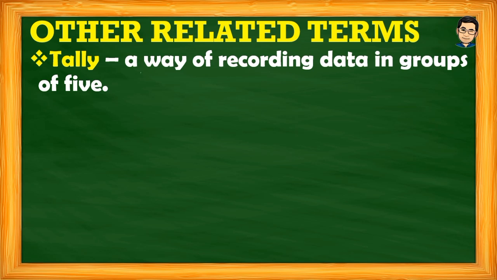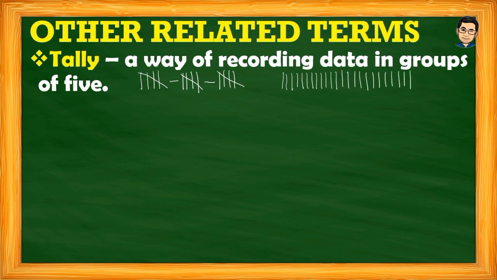Ito po yung mga bar. I'm sure students familiar kayo dyan. Nakagroup sila into 5. Kung itatali natin yung mga scores, minilang natin at the end of the round o at the end of the quarter kung ano yung score.